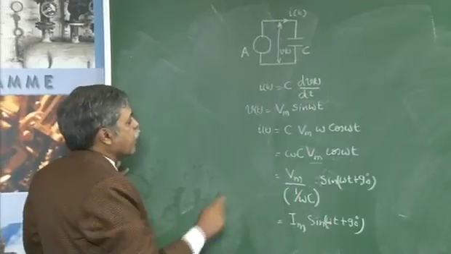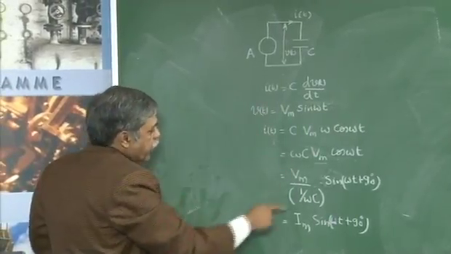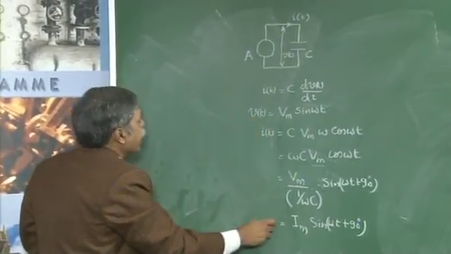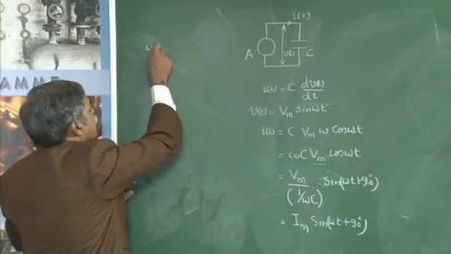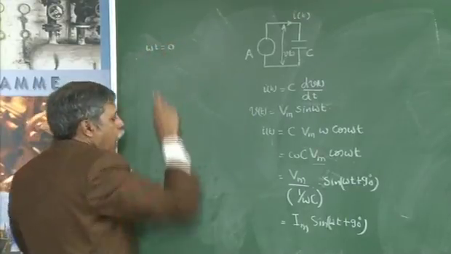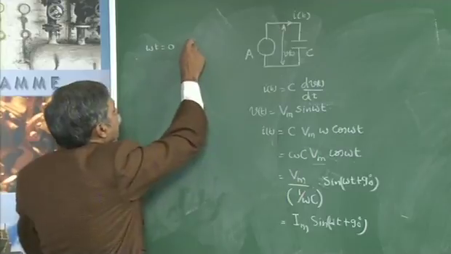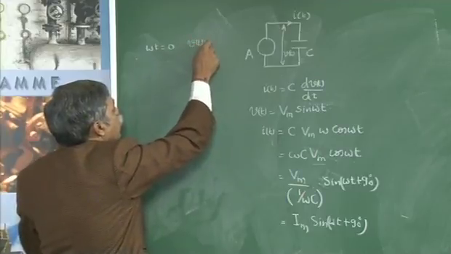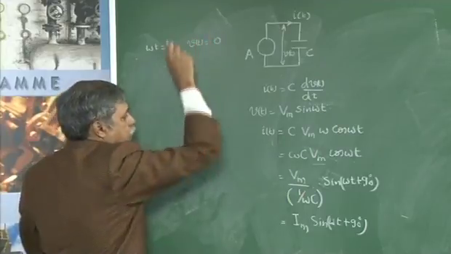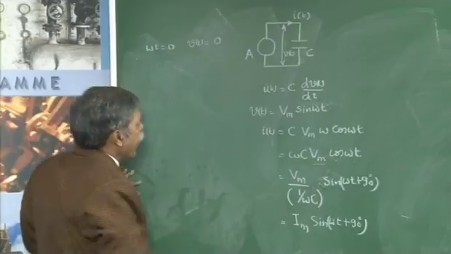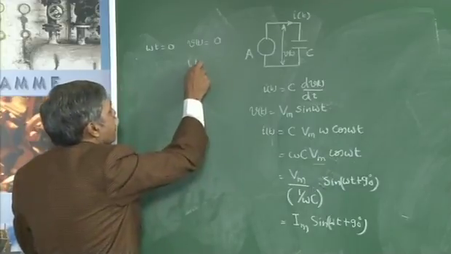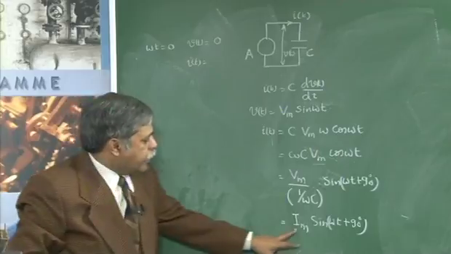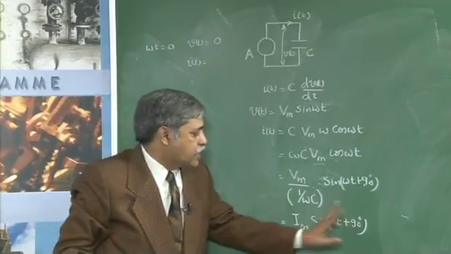If you see this equation, compare with the voltage. At the instant when omega t is equal to 0, I have the voltage v of t is equal to Vm sin 0, that is equal to 0, whereas the current i of t is equal to Im sin of 0 plus 90.